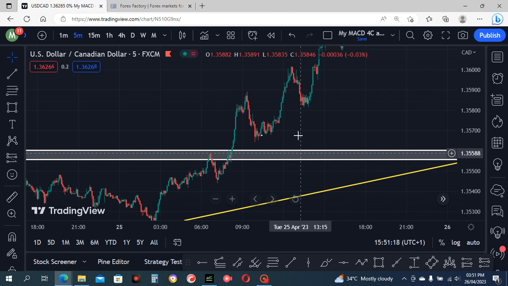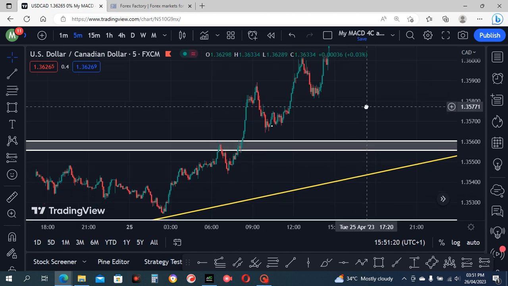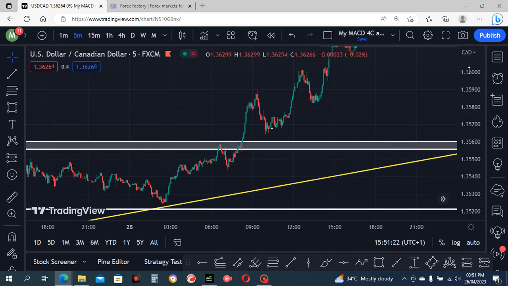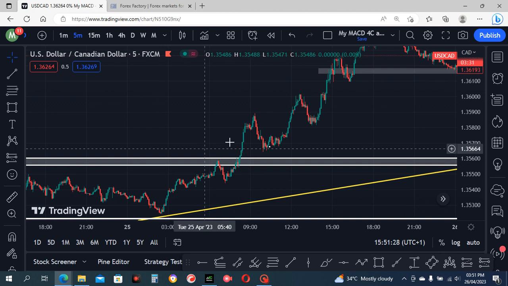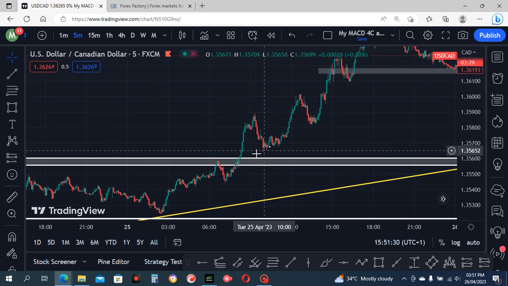So you have to take note of that if you want to trade a lower time frame. So now this became my current position. So what I do in this situation is to put on my Fibonacci.